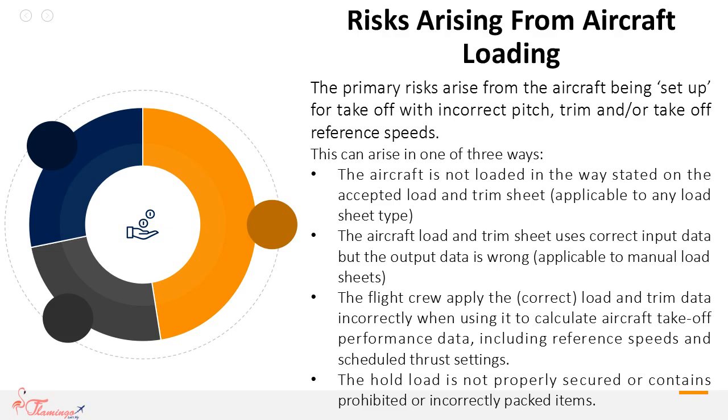The flight crew apply the correct load and trim data incorrectly when using it to calculate aircraft takeoff performance data, including reference speeds and scheduled thrust settings. The hold load is not properly secured or contains prohibited or incorrectly packed items.